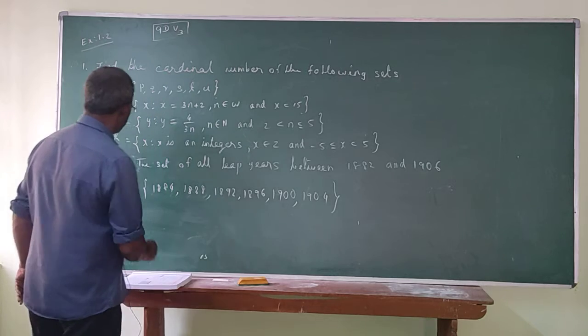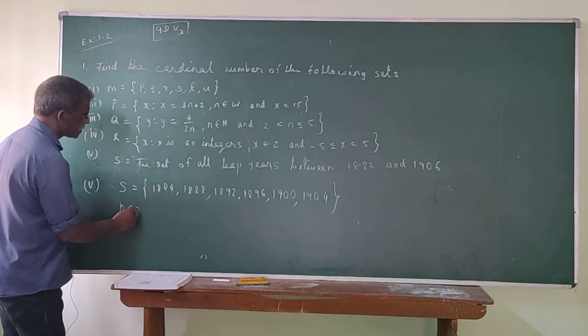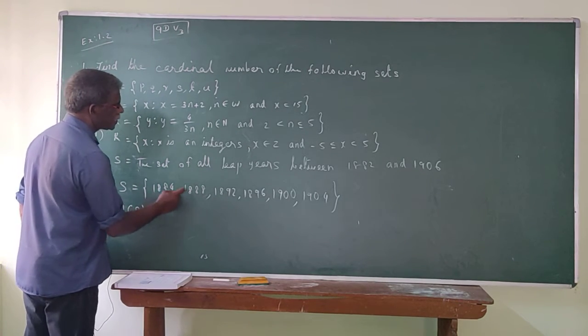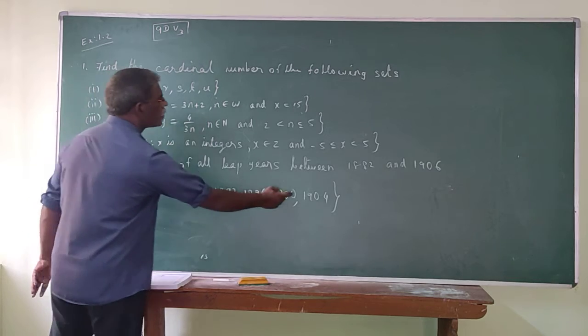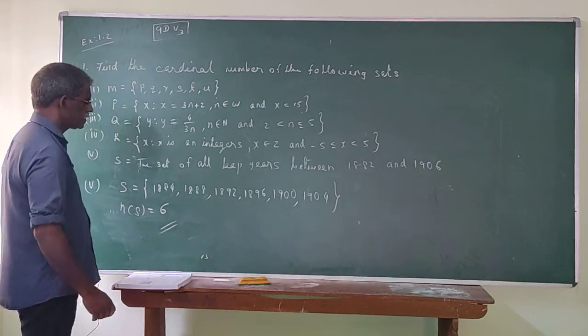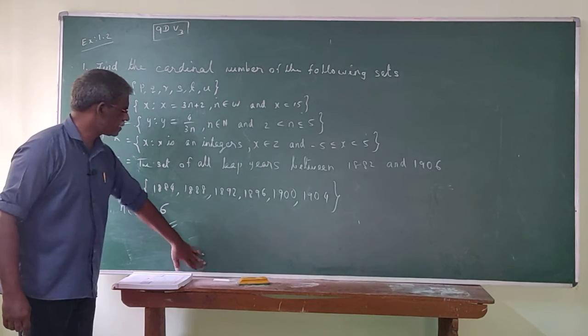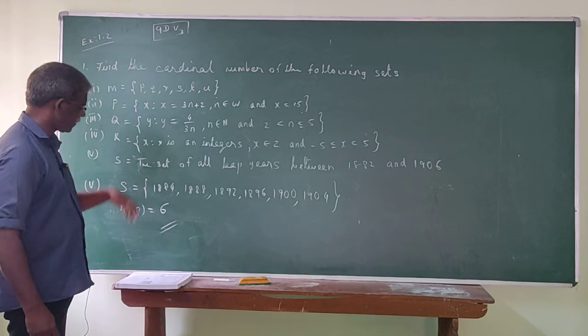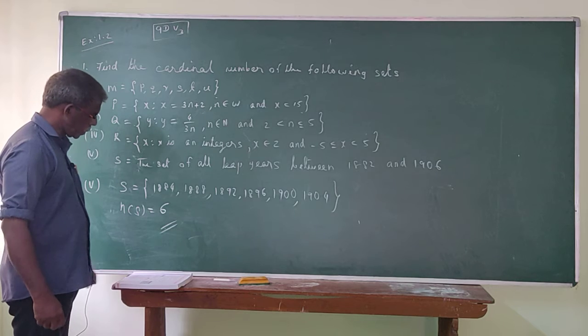So the number of elements n of S is equal to 1, 2, 3, 4, 5, 6. So the answer is 6. This is the answer for this question.